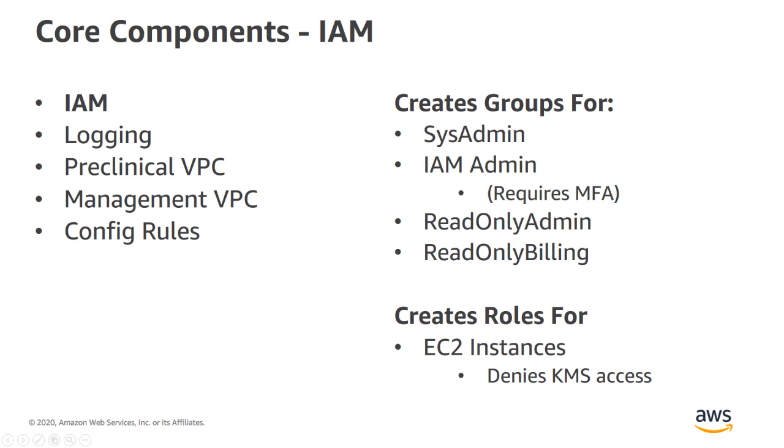These groups are tied directly to NIST and HITRUST control IDs, and you can see those documented in those respective quick starts. These come with policies like requiring MFA for your IAM administrator as a condition on the associated IAM policy. You don't have to use these to take advantage of the blueprint, but they're definitely worth a look, as they bake a lot of best practice IAM policies and conditions into these different role types.